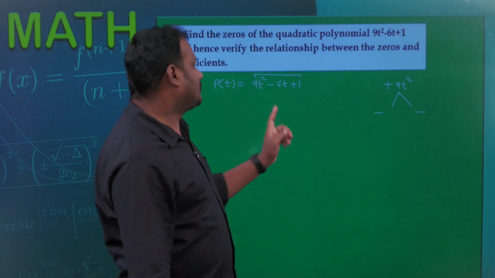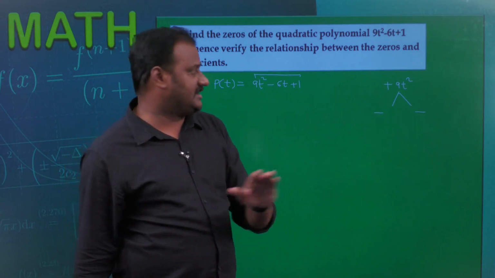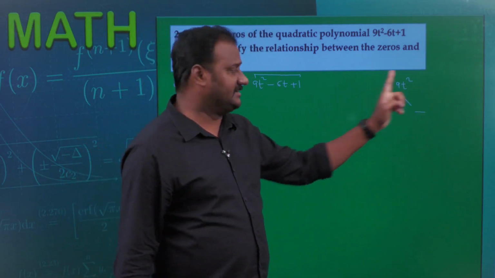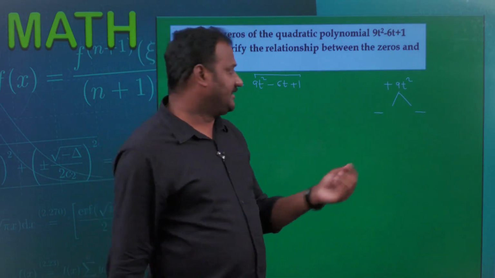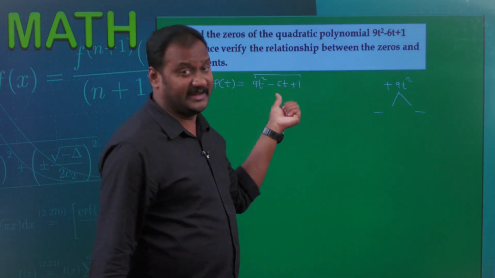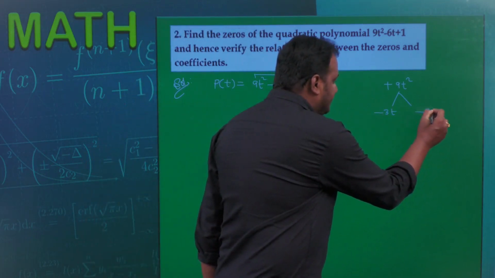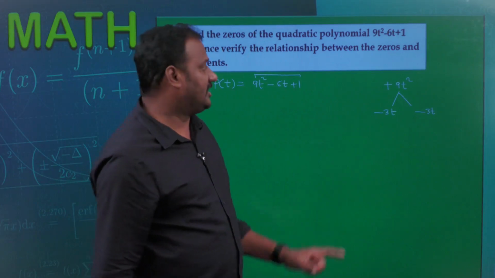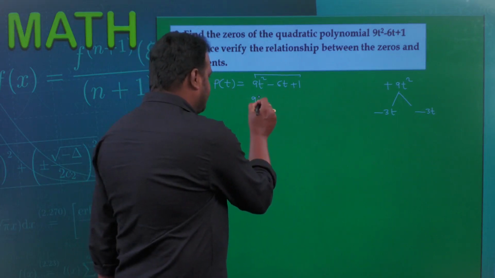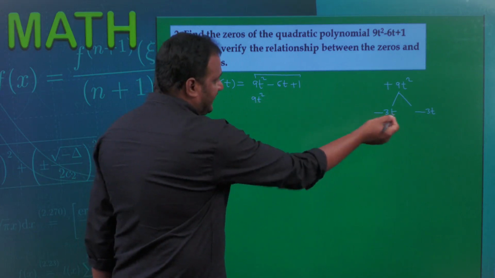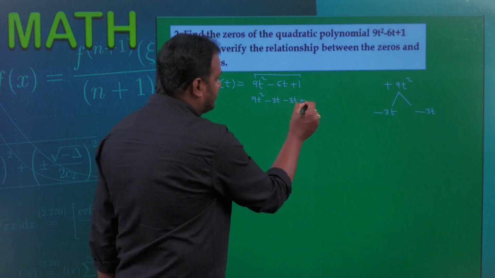Right? So what are the factors of 9? 1 nines are 9. Minus 1 minus 9 is equal to minus 10, but it is 6. So 1 and 9 are not the factors. 3 and 3: minus 3 minus 3 is equal to minus 6. Yes. So minus 3t, minus 3t are the factors of plus 9t square. So I am going to write this as 9t square minus 3t minus 3t plus 1.